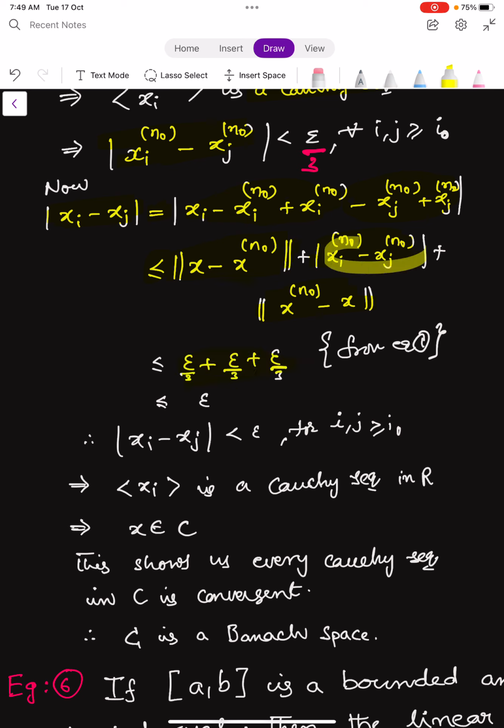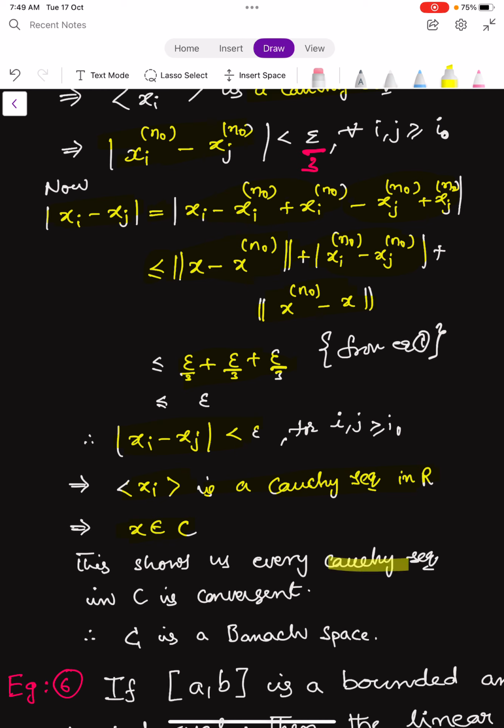Every term is less than epsilon by 3, so by using equation 1, we conclude that |xi minus xj| is less than epsilon. It means this xi is a Cauchy sequence in R. If this xi is a Cauchy sequence in R, obviously this x belongs to capital C.